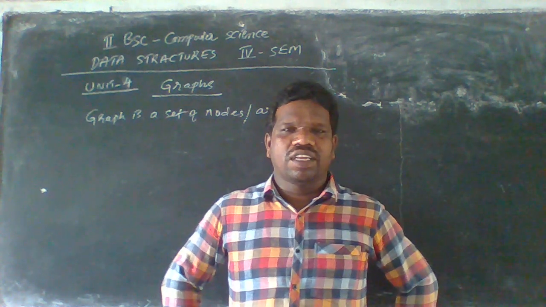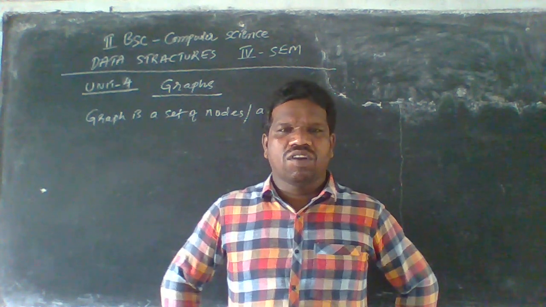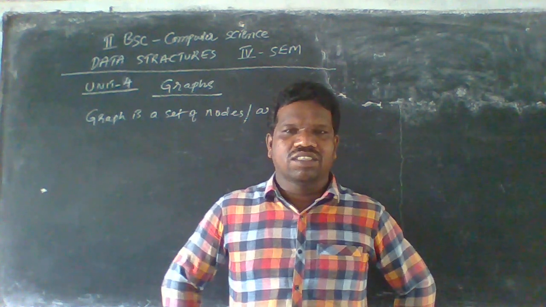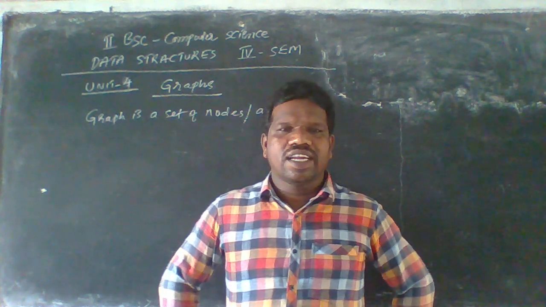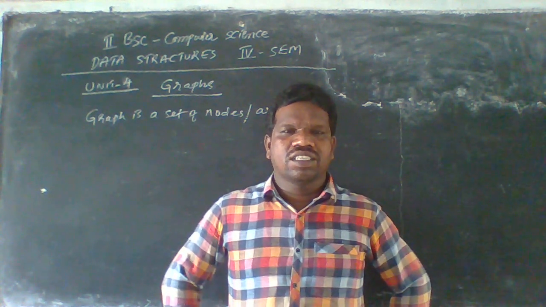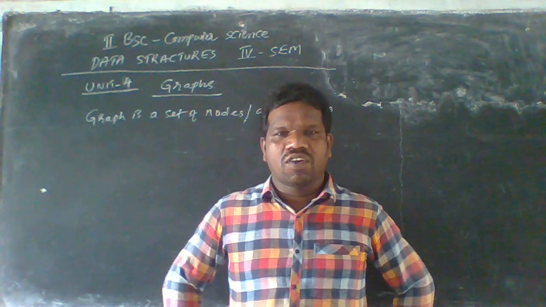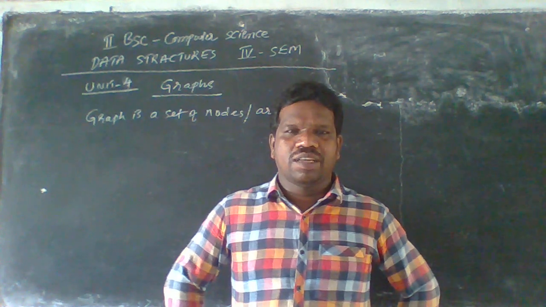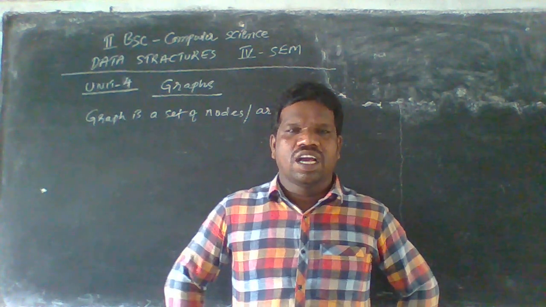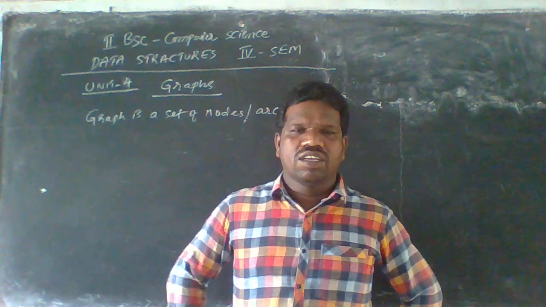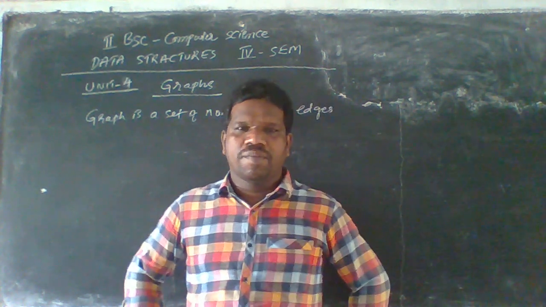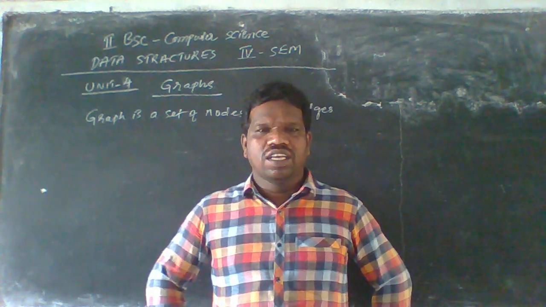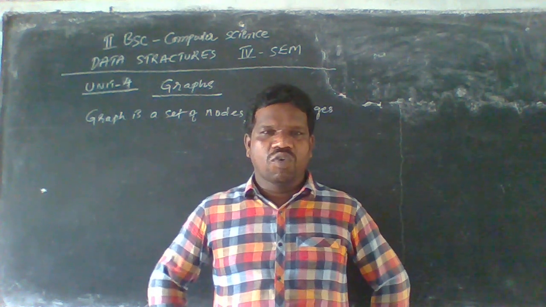Trees and graphs both belong to the non-linear data structures. Non-linear data structures do not follow any sequential or systematic order; they follow the graph's own structure of the given vertices and edges. Trees are also formed by a number of nodes, branches and root nodes.